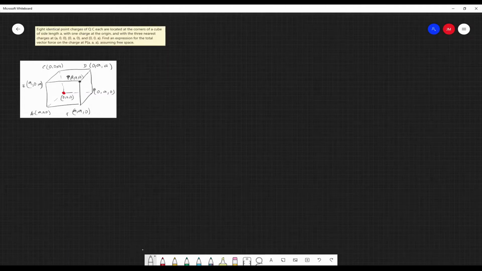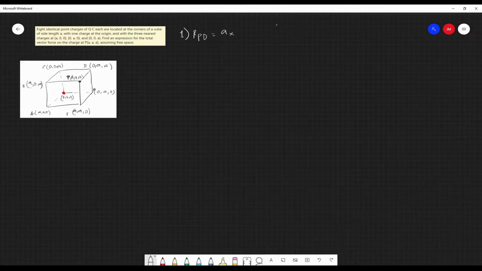First, let's find their distances, and let's also find their respective unit vectors. Let's start with the easy ones, the ones with the double a's in them. Number 1, R_PD. Since both of them have two a's, all that will remain is a.